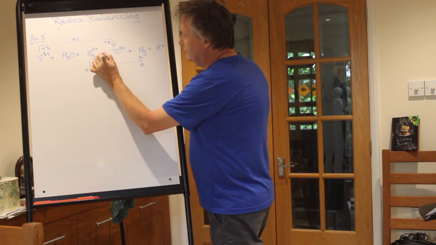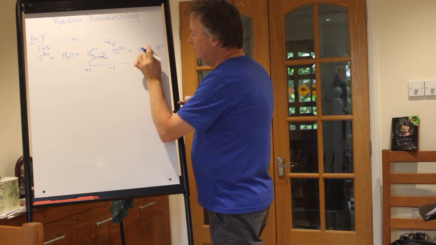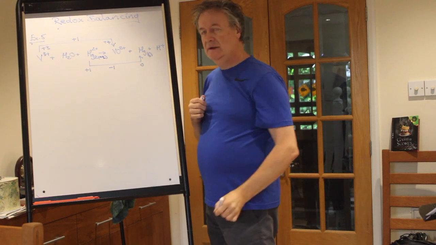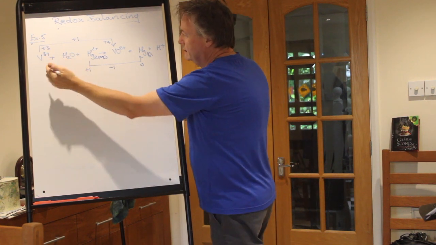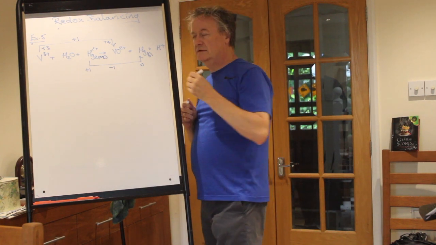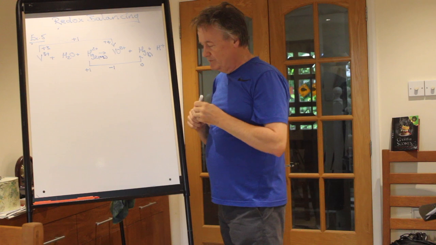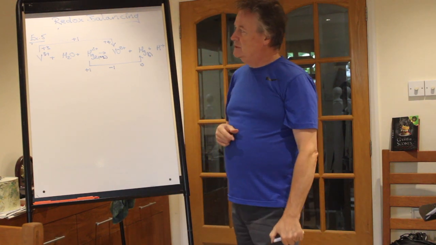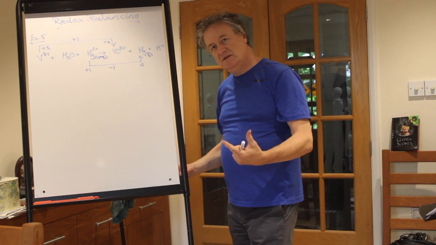So this is an aqueous ion. This is not a solid because I've just said it's a liquid. And then that's a liquid. The vanadium ions are aqueous along with the hydrogen ions. Now, looking at that, you go, oh, it's got the same number of oxidation and reduction. Yeah, but it's not.